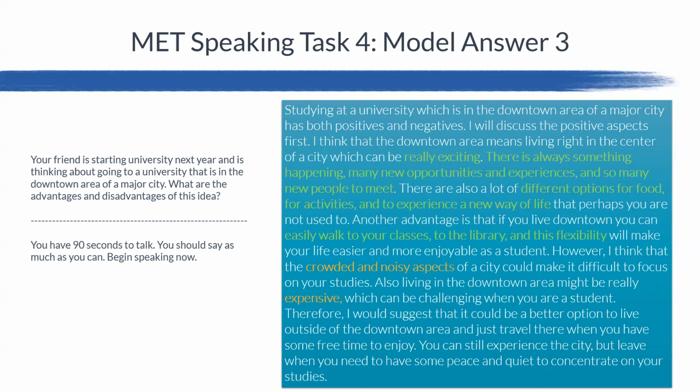I love the way that you explain sophisticated vocabulary. Sophisticated vocabulary, like fancy words, more precise words. Exactly. You've got things like flexibility and opportunities and crowded, noisy. There are more precise words here.